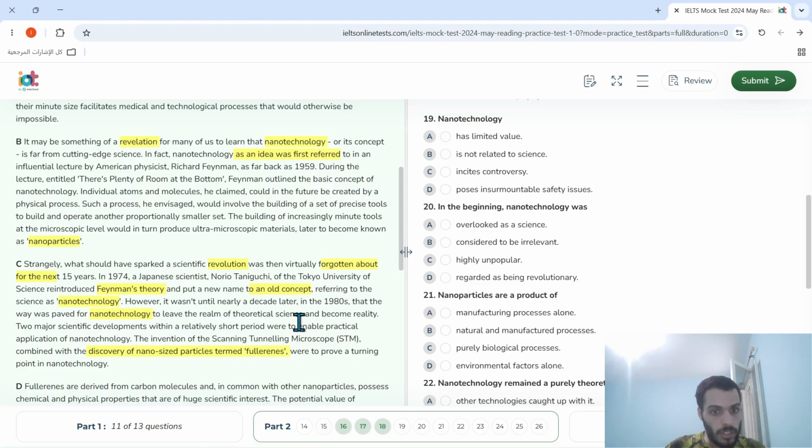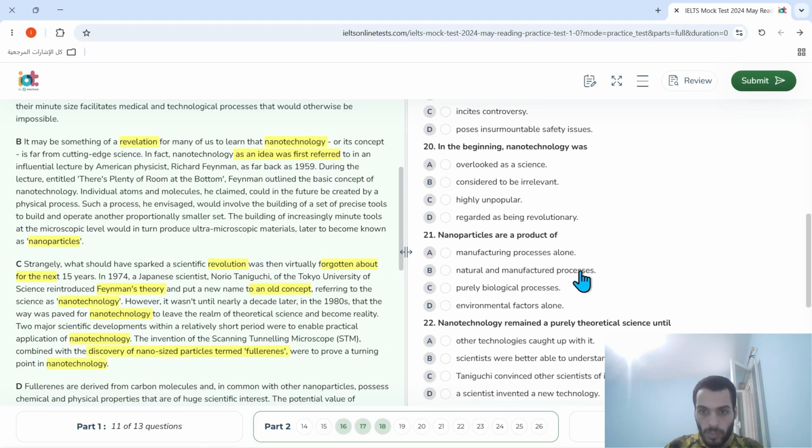However, it wasn't until nearly a decade later that it was believed nanotechnology would move from the realm of theoretical science and become reality, with verification and technology, the invention of the scanning tunneling microscope, a turning point in nanotechnology. So a product of manufacturing process alone, natural manufacturing process, purely biological nanoparticles.